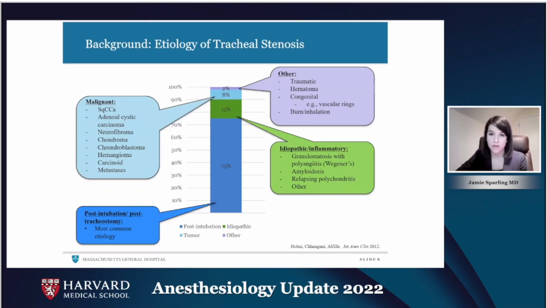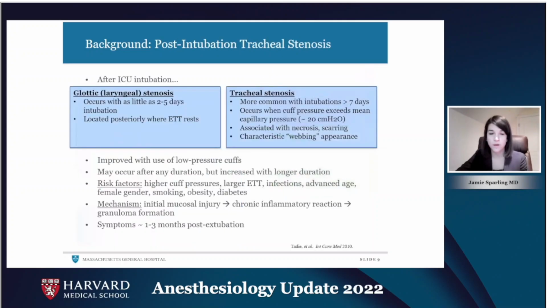Finally, the remainder of cases are made up of other causes, which may include traumatic laceration or dislocation, intrinsic or extrinsic hematoma compression, congenital abnormalities such as vascular rings, and burn or inhalation injury. Post-intubation tracheal stenosis generally occurs after ICU intubation rather than after brief intubations for general anesthetics.